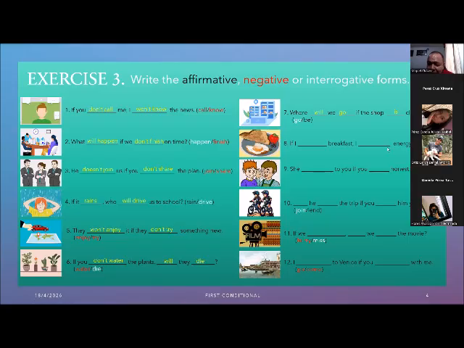Number 8. If I don't eat breakfast, I won't have energy. Exactly. Thank you, Daniel. Okay. Number 9. Who says me? Okay.